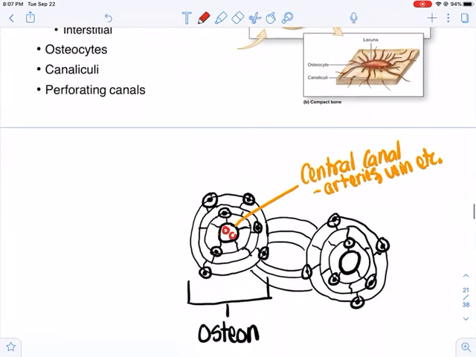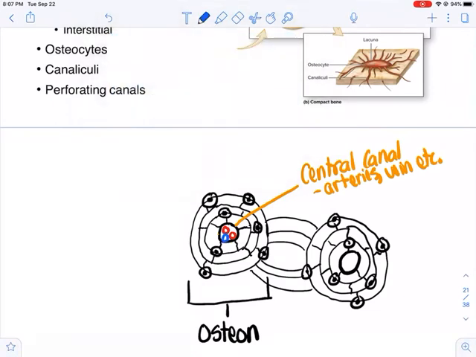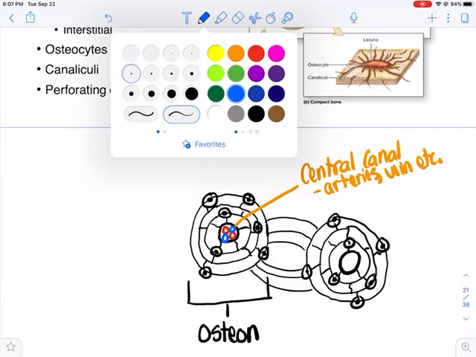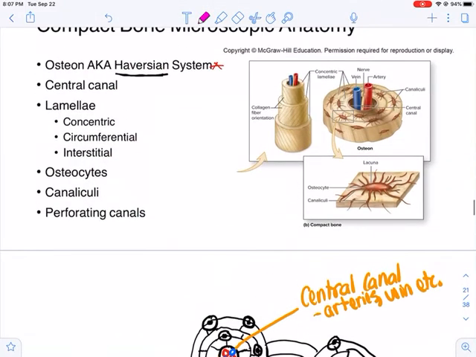So you know what, we can even draw some arteries, some veins inside here to bring some of that blood supply to this osteon. Next, we have the streets, those circular streets.